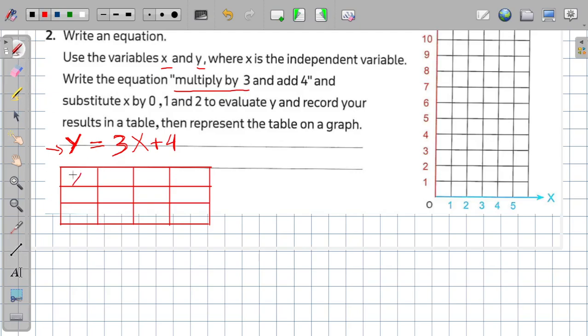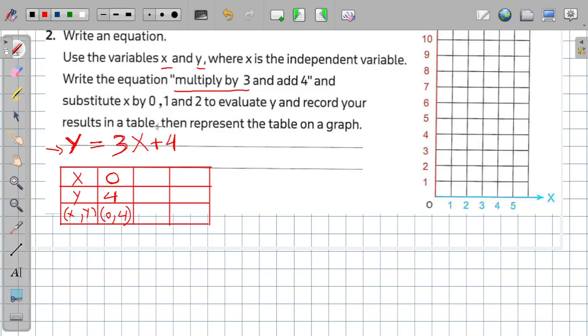And I have values of x, values of y, and the ordered pair x and y. Okay, so the first one I have x equals 0. So when I replace x with 0, I have 3 times 0 equals 0 plus 4 equals 4. So the first ordered pair is 0 and 4.